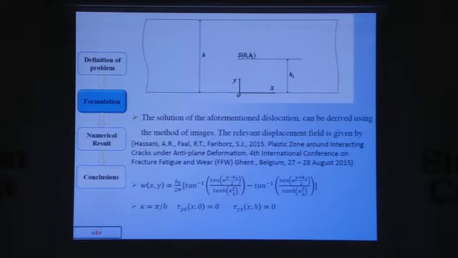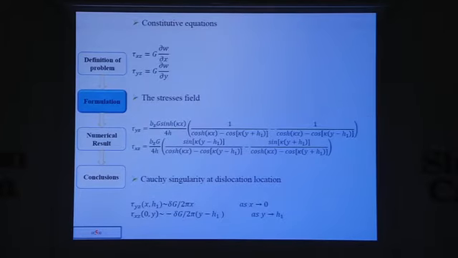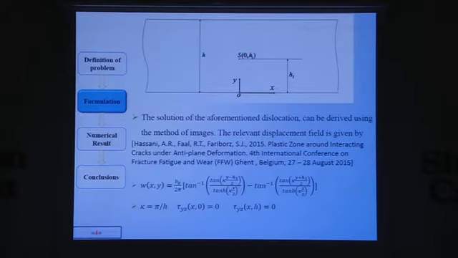And suppose, again, this is the geometry of the problem. This is a layer with thickness h, and we have a screw dislocation at point S. This is the point S. And we consider a screw dislocation with magnitude of Burgers vector bz.